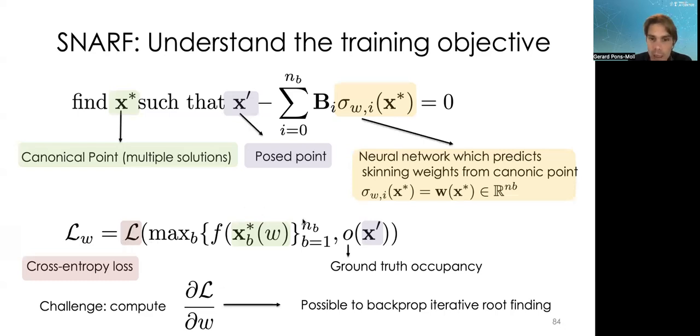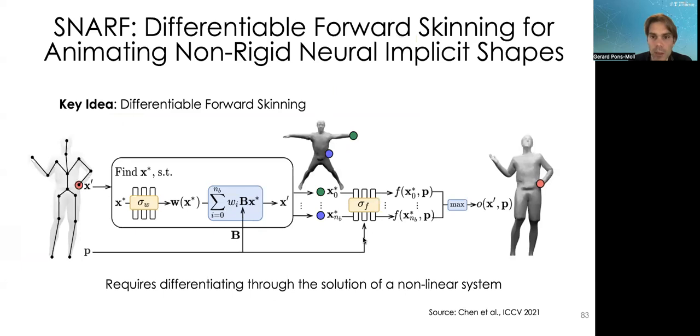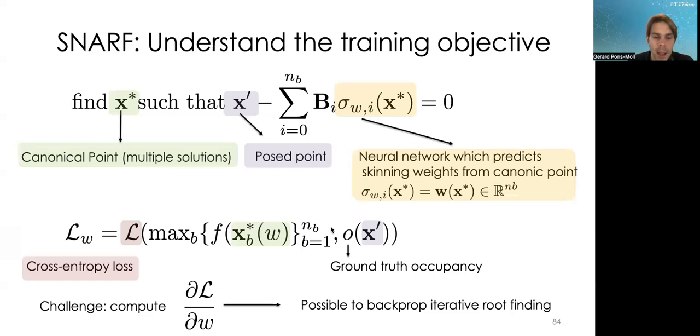Between our predicted occupancy, which is the max over all these possible canonic points, and the ground truth occupancy at x prime. All right, so go back to this. You take the max of all these predicted occupancies, one for each hypothesis of x0 until xnb, hypothesis of what could be the canonic point corresponding to this, and then you get the max. All right, so we need to minimize this cross entropy loss.